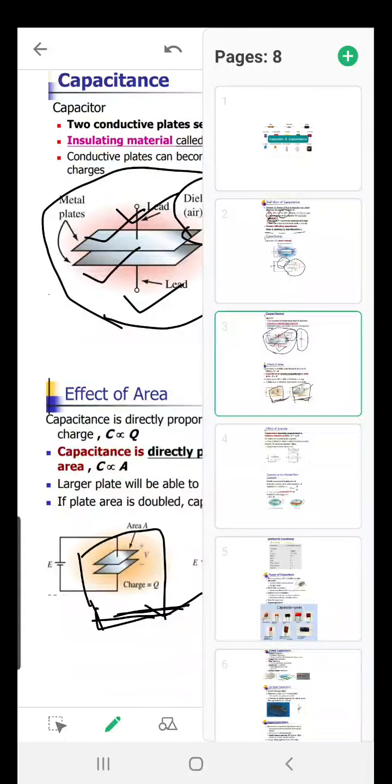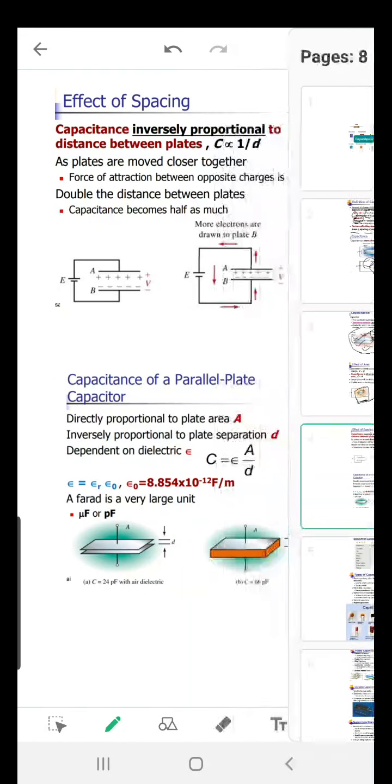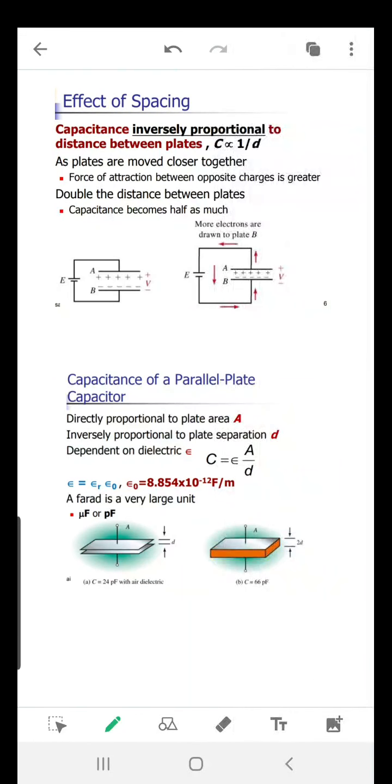Then we will see what is the effect of the space on the capacitance. Space means the distance between the two terminals, that is known as the space. If the distance between two terminals is reduced, then the charge will be high. That means more electrons will pass through the circuit.